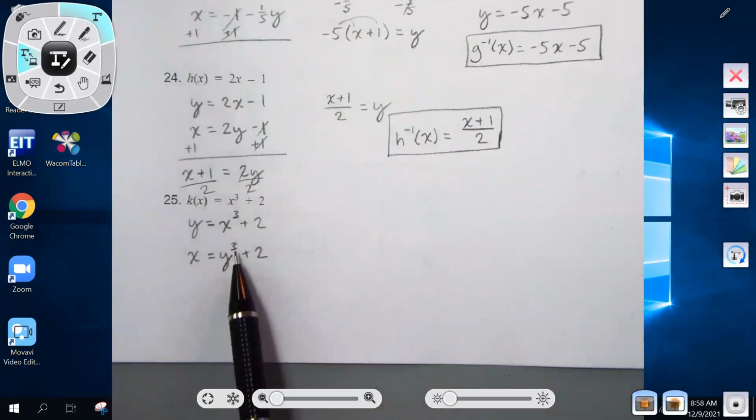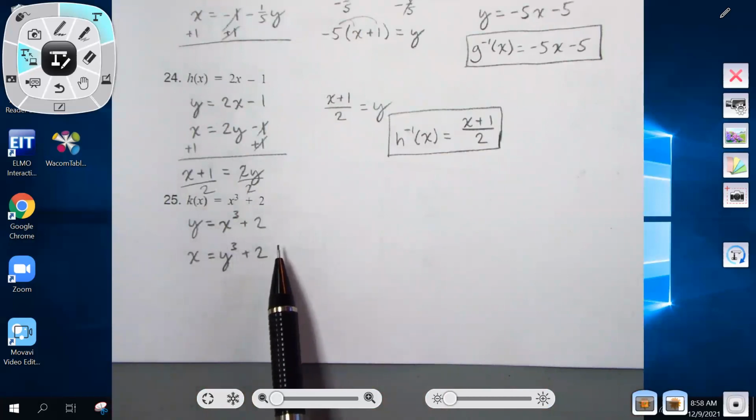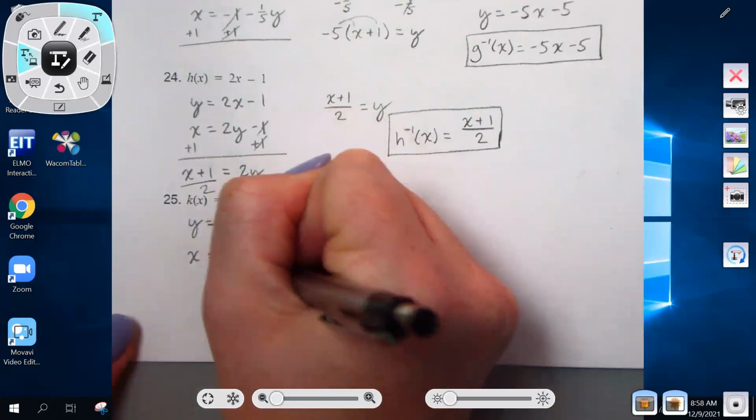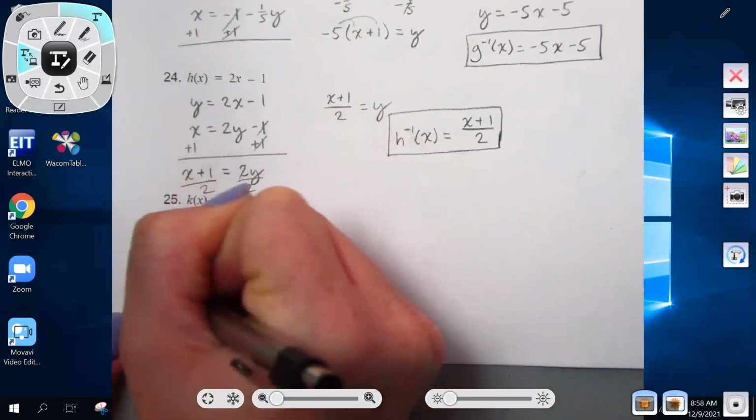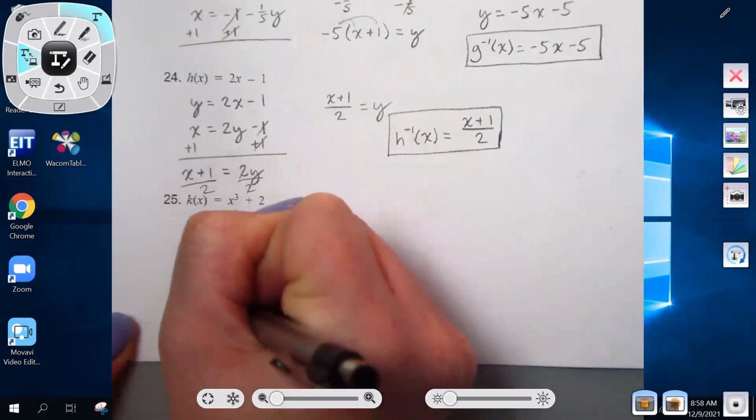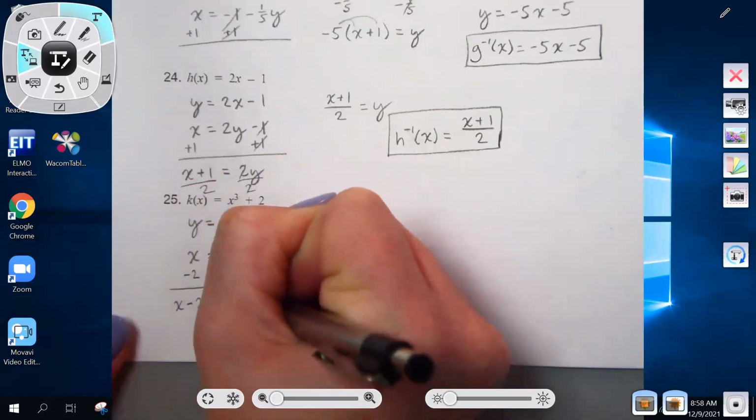Right now our y is being cubed, but we can't get rid of that yet because we have this plus 2 to worry about. It's not being cubed, so we couldn't just go straight to taking the cube root of both sides. We first need to get rid of this plus 2 by subtracting 2 from both sides. So x minus 2 equals y cubed.